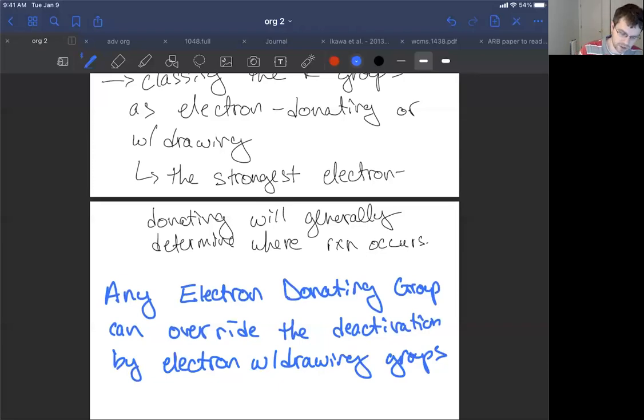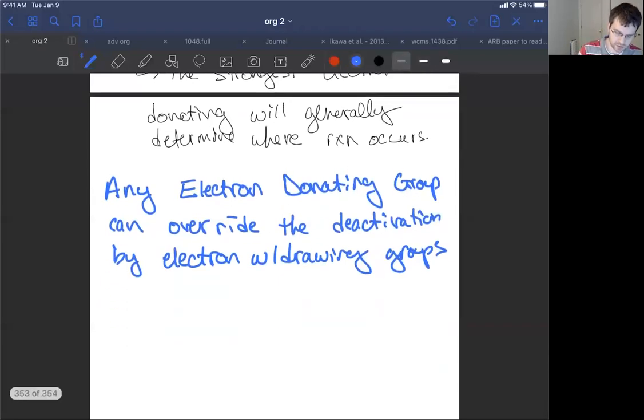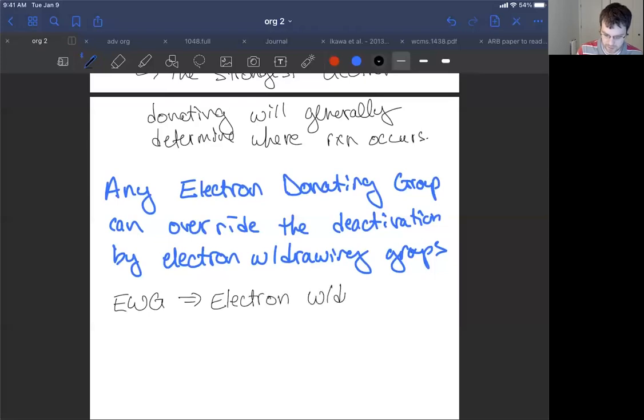Okay, to understand these various situations, I want to provide some abbreviations here. EWG is my abbreviation for electron withdrawing group, whereas EDG is electron donating group.